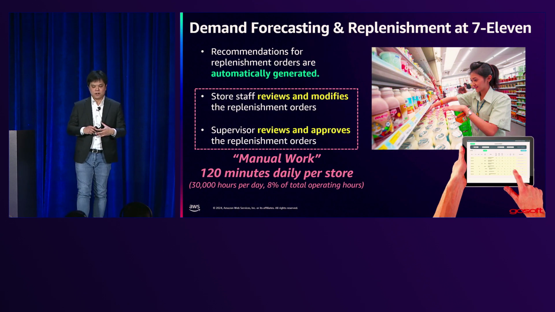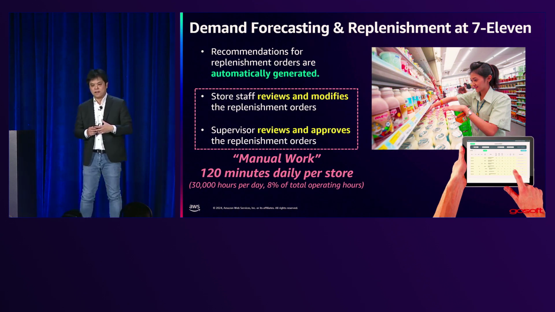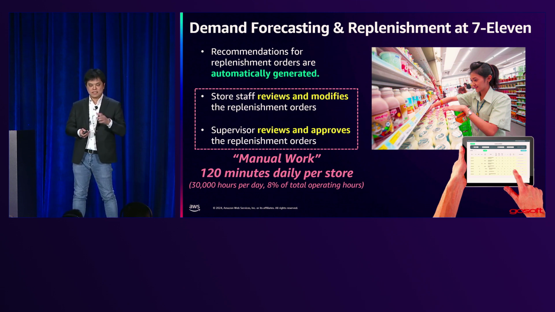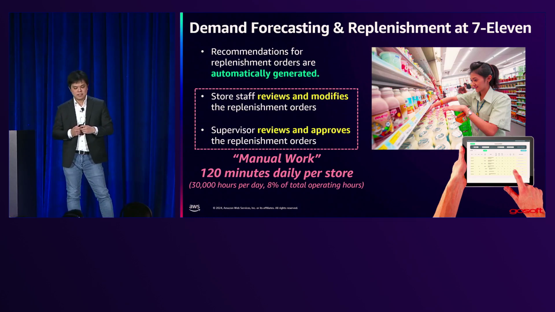To pivot our store operation, there is the store operation called demand forecasting and replenishment, and 7-Eleven is no exception. What happens in a nutshell, the structured amount of demand is automatically generated based on historical stats. And then store staff need to review and adjust some orders and order manually.